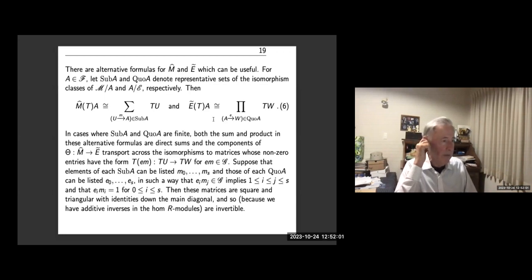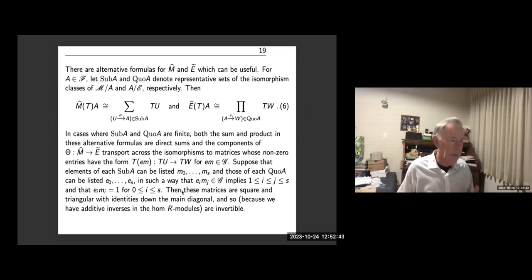So it's a matrix. And if you can actually linearly order the sub-objects of A and the quotient objects of A in such a way that if you've got E_i M_j lying in G, that implies that i is less than or equal to j, and that the composite E_i M_i is 1. This might sound a bit technical, but it can be done, and that's what Steve Schanuel and I did in our Kan-Dold paper, Dold-Kan.